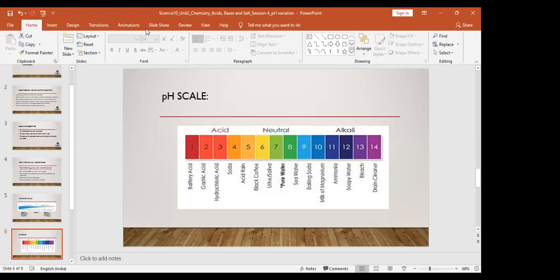Jheel, what is the pH of ammonia? 11. Sufia, is Sufia there? Yes, ma'am. Sufia, what is the pH of coffee? It's 5. It's not 5. It's 6. Yes, 6. Done.